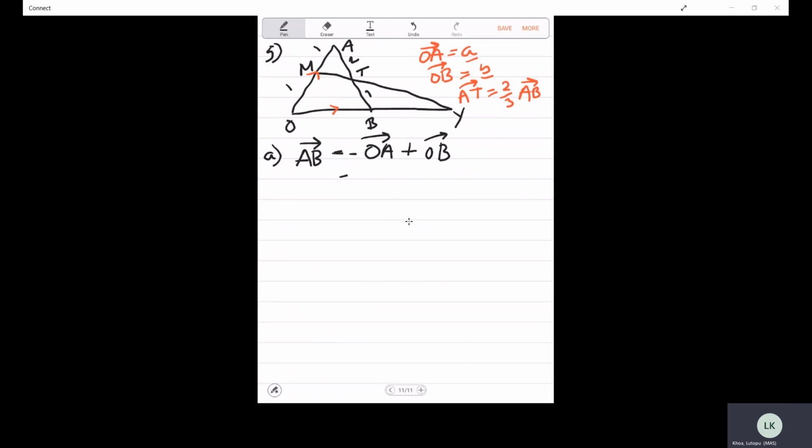Okay, and then OA, we know this is negative a, and then OB, this is just b. So I can rewrite this as b minus a.